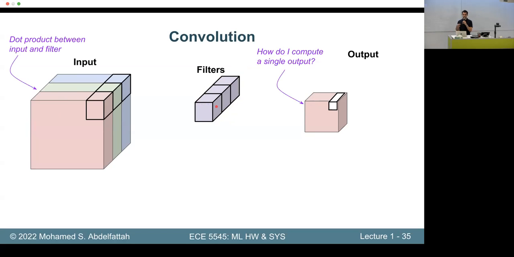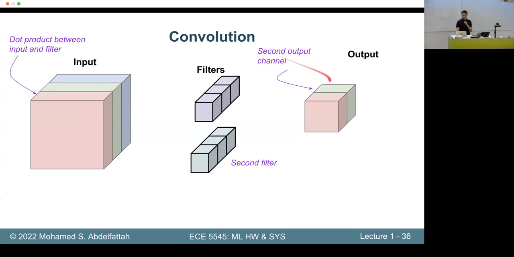So we're loading a very small amount of data and doing a lot of computations by sweeping that whole filter across the whole image. To compute the second channel or the second output layer of my output, I use a second filter and I sweep it across the image. And that's how I construct my output tensor during a convolution.